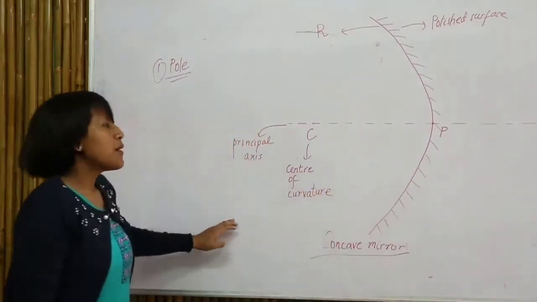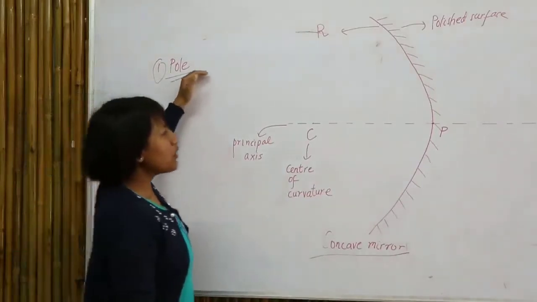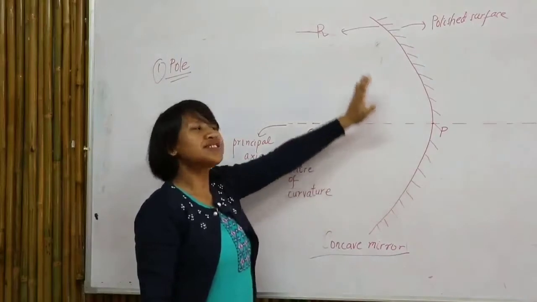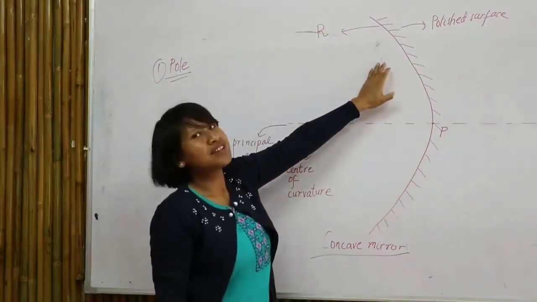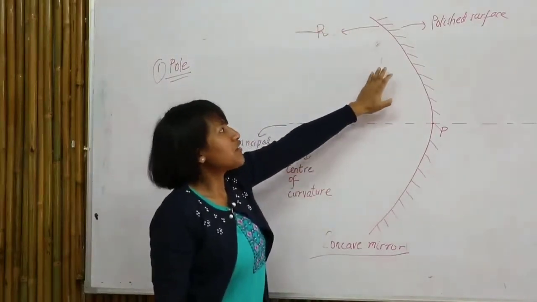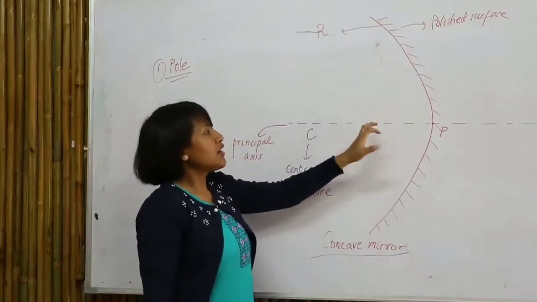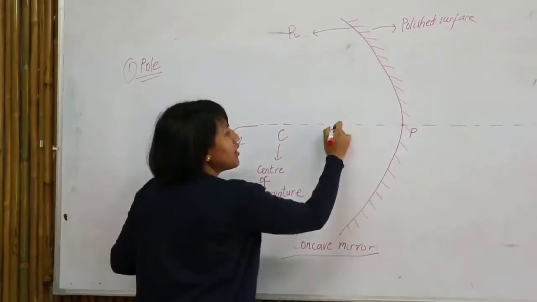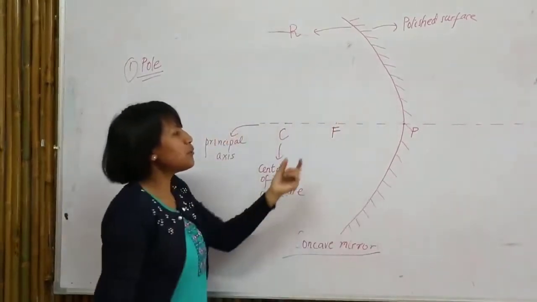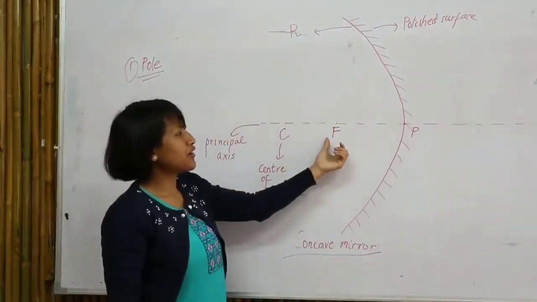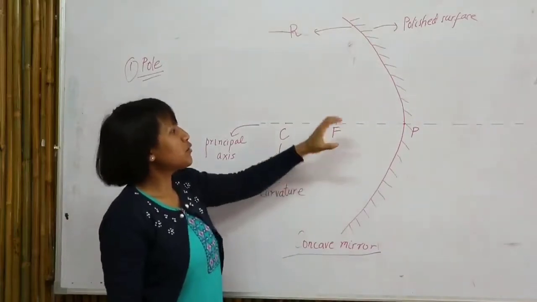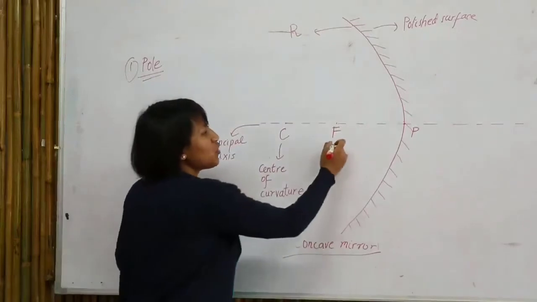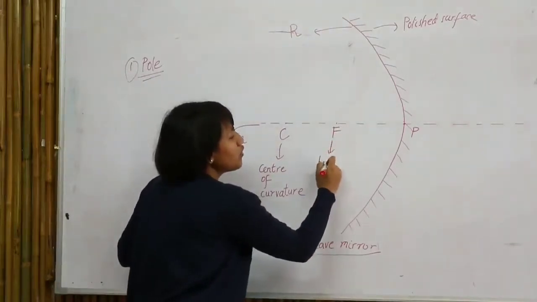But when rays of light hit this concave mirror, obviously they will get reflected, and those rays will actually meet at this point, or appear to meet at this point. Now this is called the principal focus.